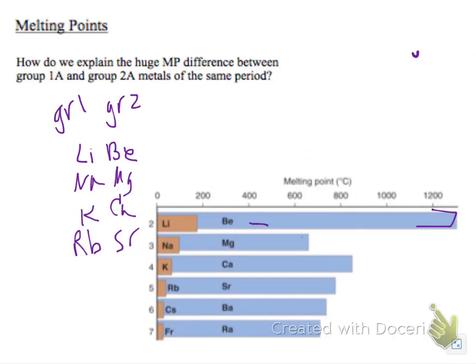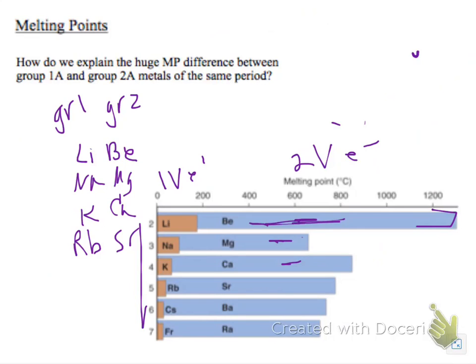The fact that there are two valence electrons contributing to that sea of electrons makes those metallic bonds even stronger, raising the melting point. So what's causing the increase in melting point here is the 2 valence electrons versus the 1 valence electron. Now as you go down the group, you also see in general a reduction in the melting point.